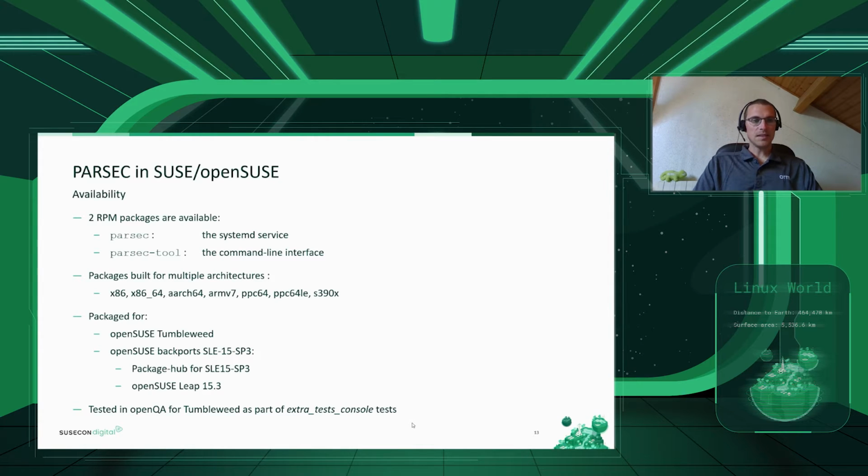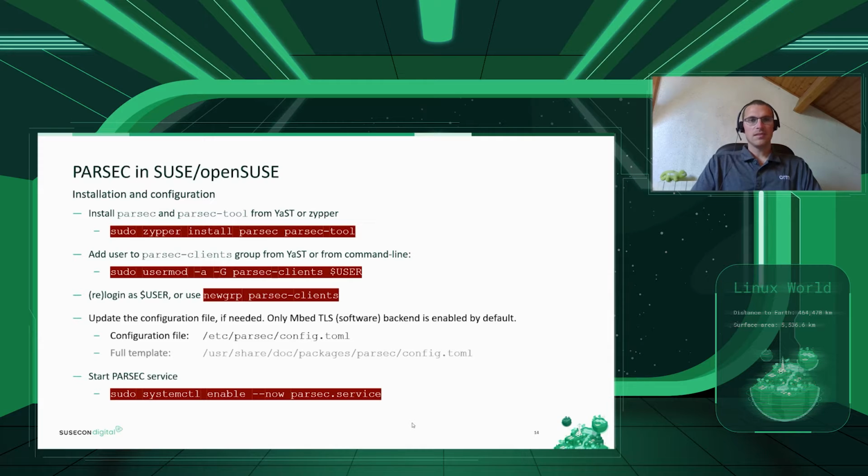Parsec is tested in openQA for Tumbleweed as part of the extra tests console test. Currently, only the software backend is tested, and we may add some more tests in openQA, maybe with TPM support, but it's not yet there.